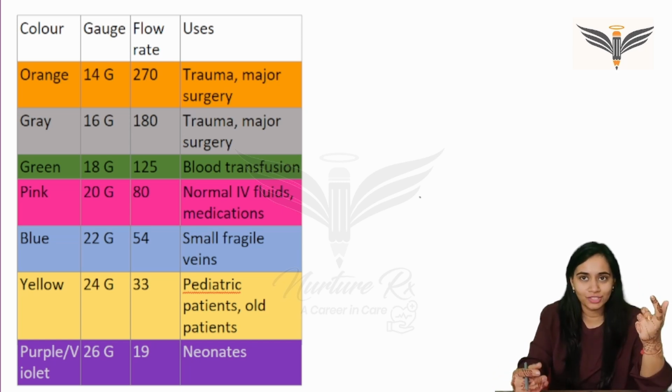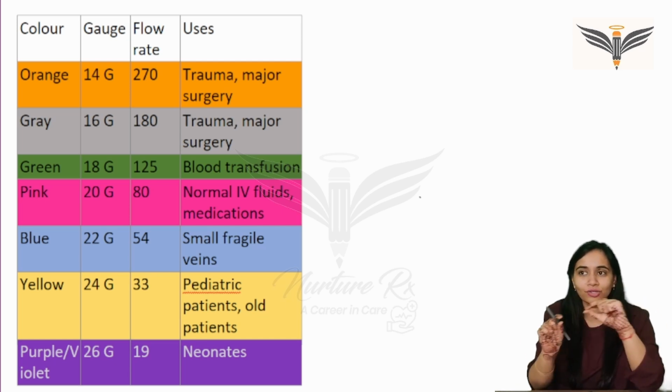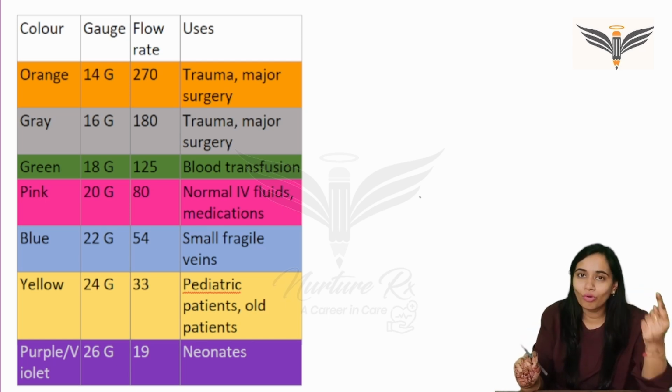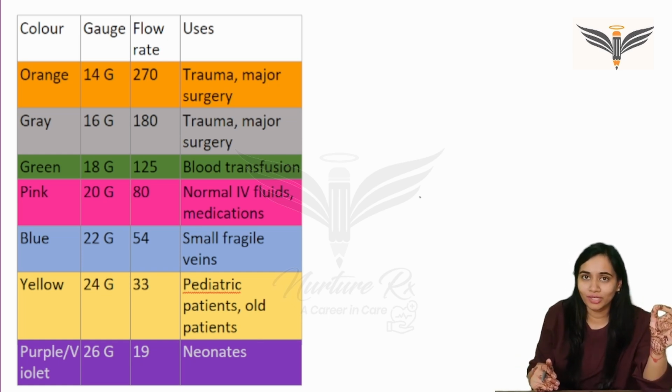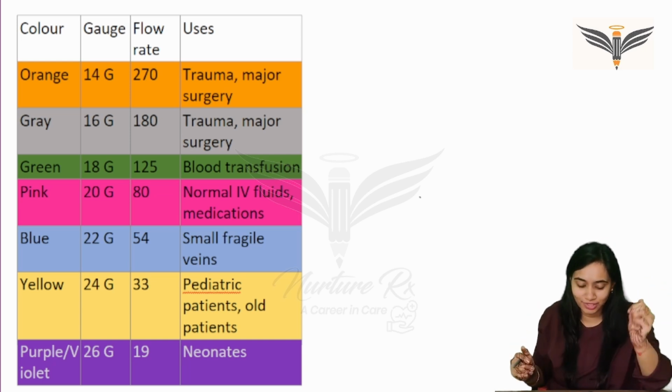More is the gauge, lesser is the diameter. This you have to remember because this is very confusing, but you have to remember just one line. More is the gauge, lesser is the diameter. So if I say that it is a 24 gauge cannula, that means it would be a very thin cannula. The diameter will be very thin. Okay, so having that in mind, let's proceed.